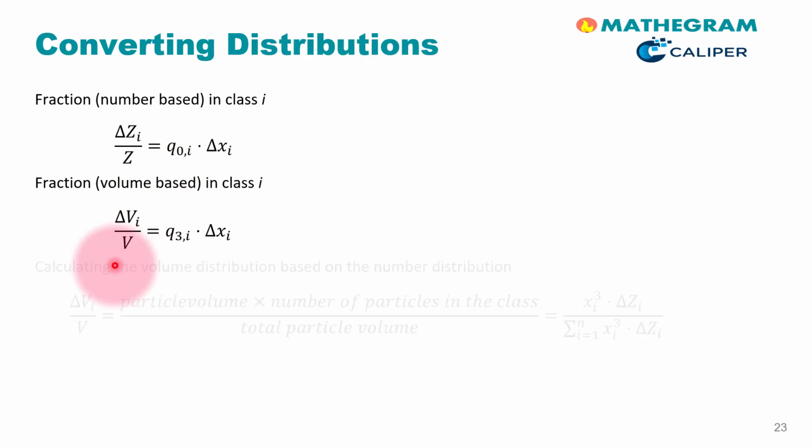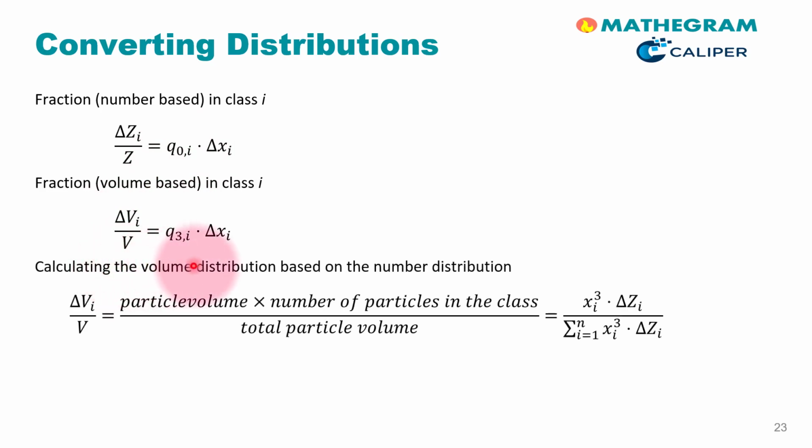In case we want to now calculate a volume-based distribution from a number-based distribution, we simply have to insert into the definition of the volume-based distribution the correct variables. If we use as particle volume the size of the particles cubed, note we could also consider the prefactor for spheres, which is pi over 6.